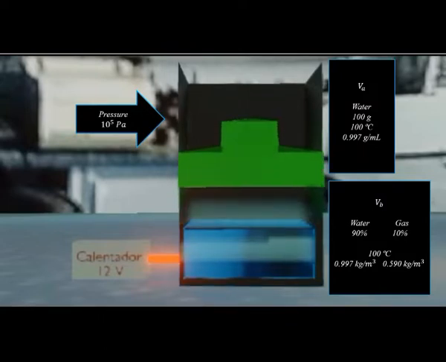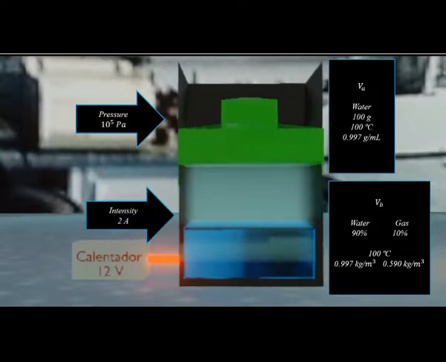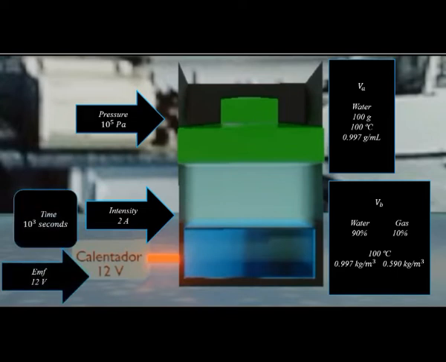To carry out the transformation, a current of 2 amps from a 12-volt battery needs to flow through the heater for 10 to the 3rd power seconds. Water densities, liquid and gaseous, under these conditions are respectively 0.997 and 0.590 kilograms per cubic meter. What was the thermodynamic work done by the system?